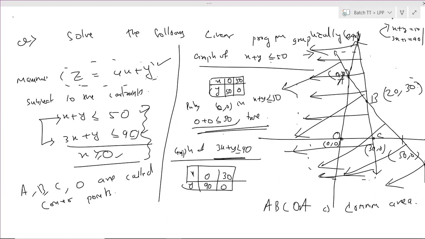Please solve all the steps. Draw the graphs on your own paper and see if you can do all the steps.